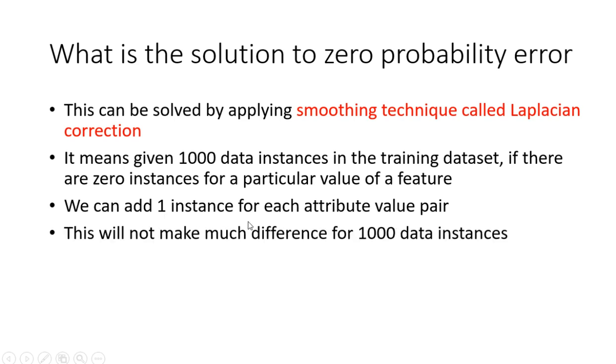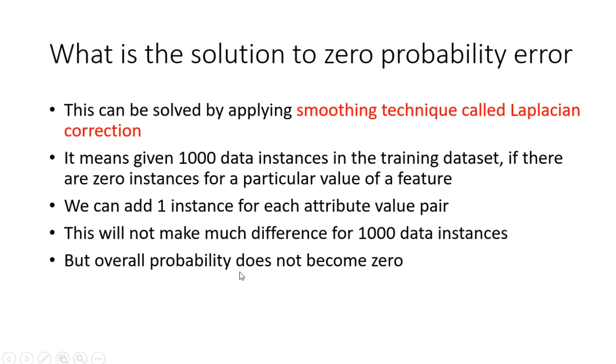Adding one instance out of 1000 will not make much of a difference, but still the probability will not become 0.